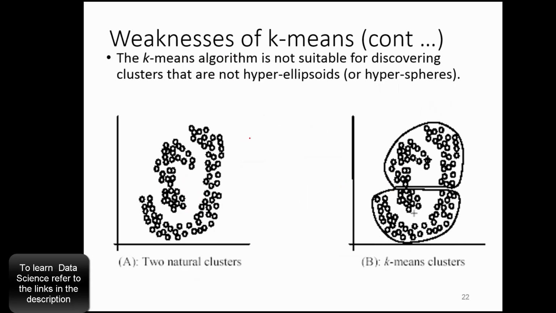Another important weakness of K-means clustering is that it's not very good unless you have hyper-ellipsoid cluster shapes. For instance, in this one, there are two clear clusters, right? This one is one cluster and the other one is this one.